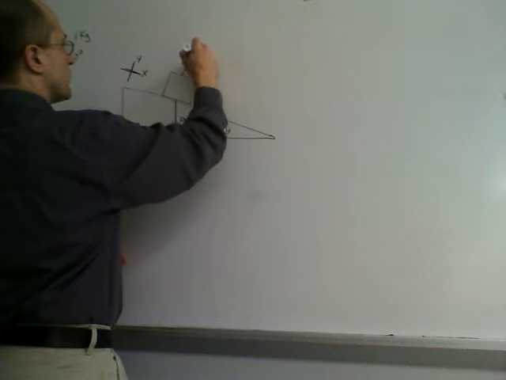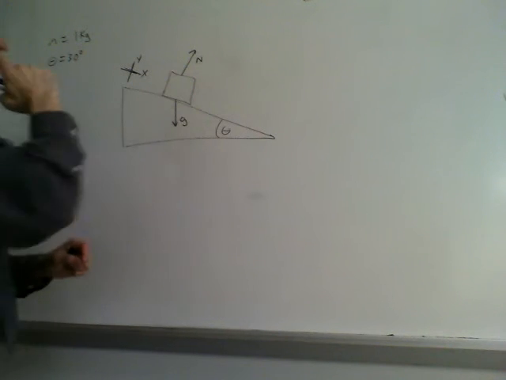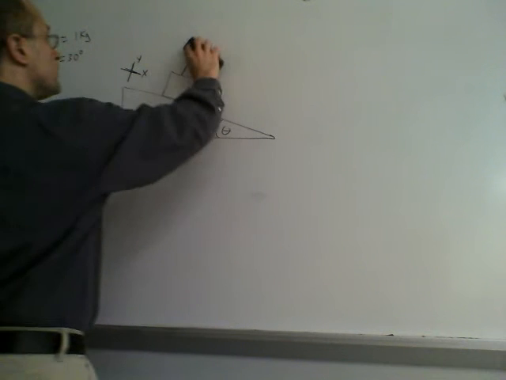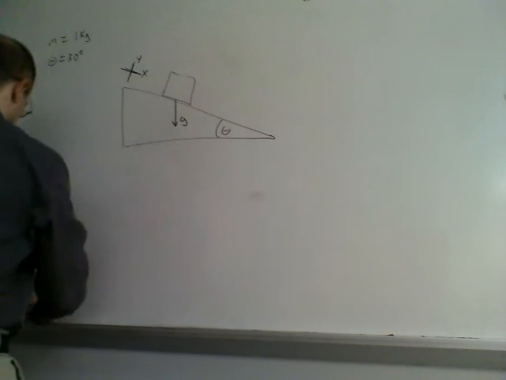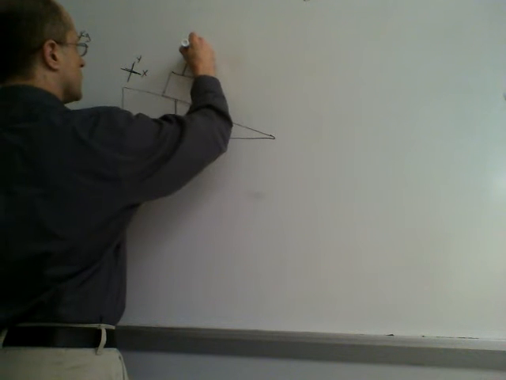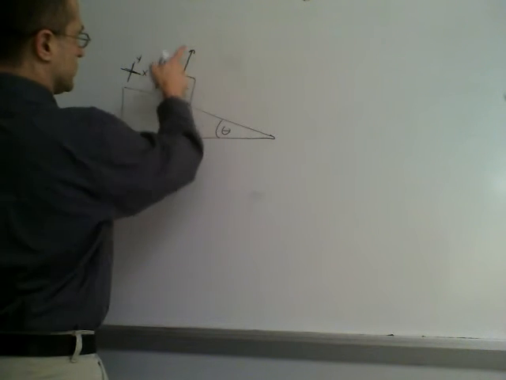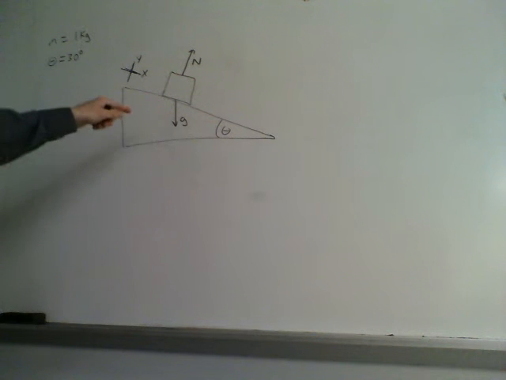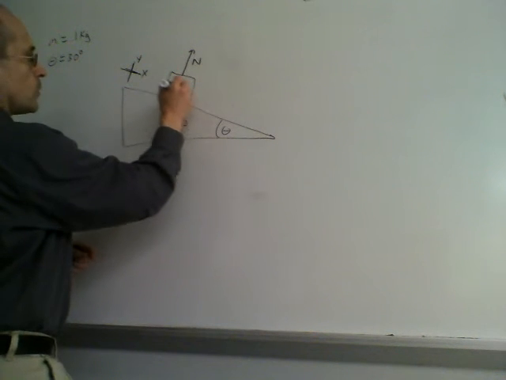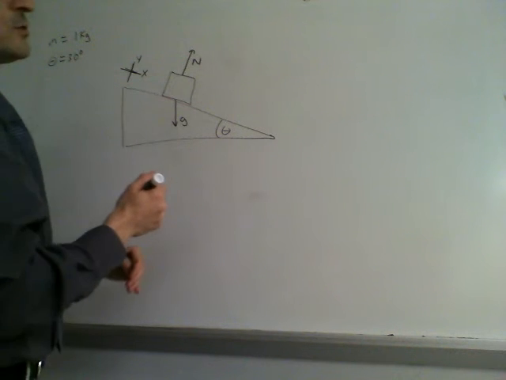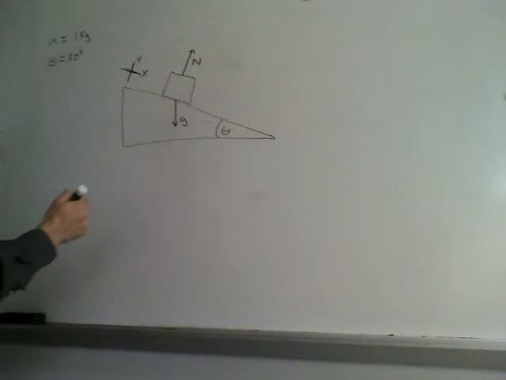We have a normal force that acts perpendicular to the surface. Between this contact surface and the block, there's a normal force. And then, of course, we have a frictional force that's going to oppose our motion.